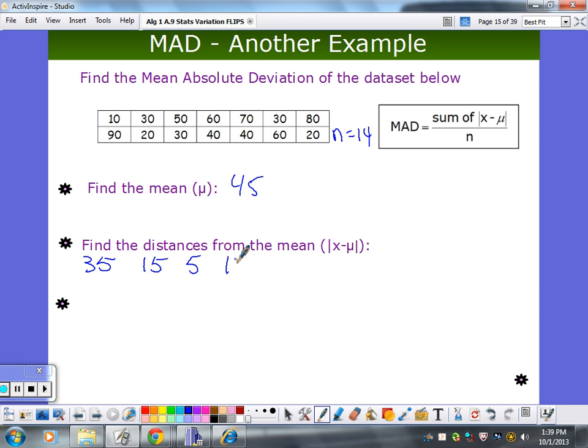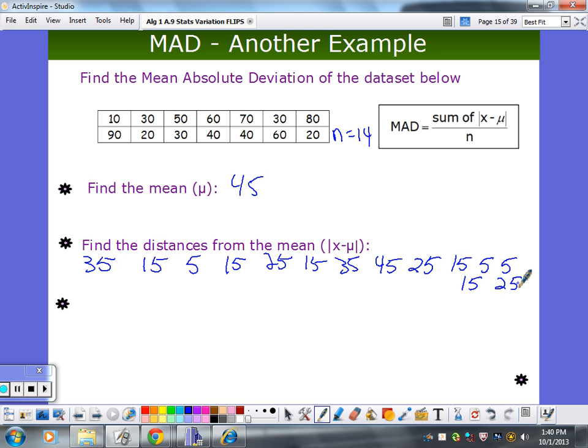We're just subtracting, right? 70 and 45. 30 and 45. 45 and 80. 90 and 45. 20 and 45. 30 and 45. 40 and 45. I got 2 of those, right? 60 and 45. 20 and 45. I hope I didn't leave any out.